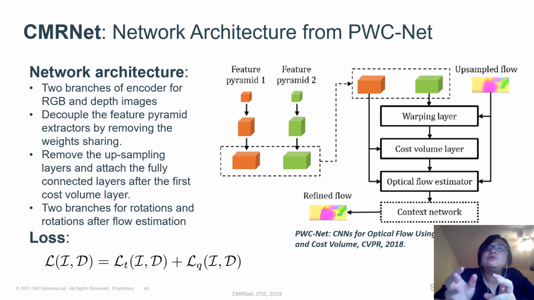Then they have two branches in the end for rotation and translation after the flow estimation. The loss function they use includes two parts to take care of the translation and the rotation for the pose refinement.